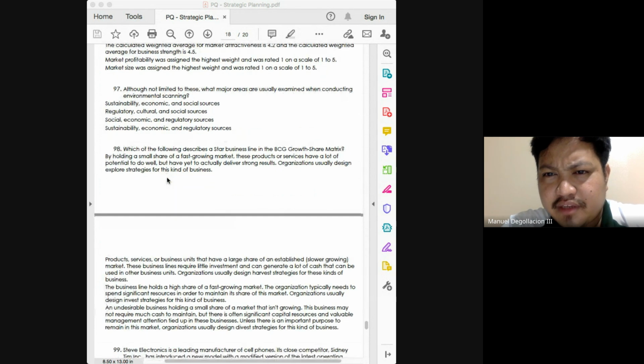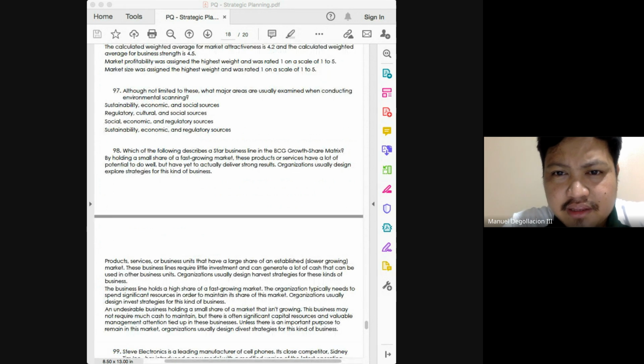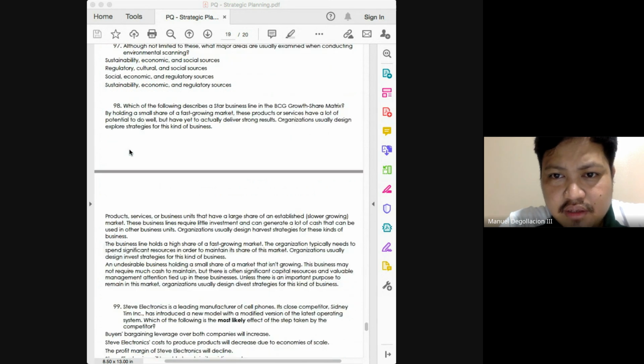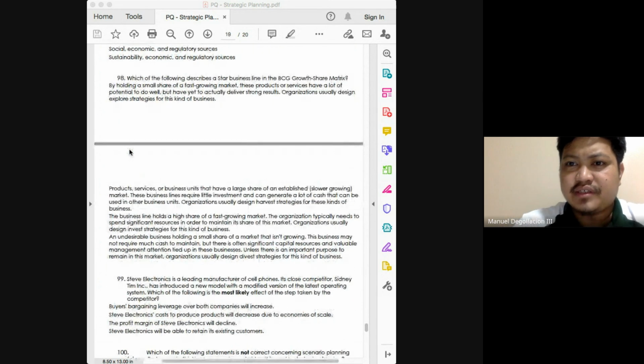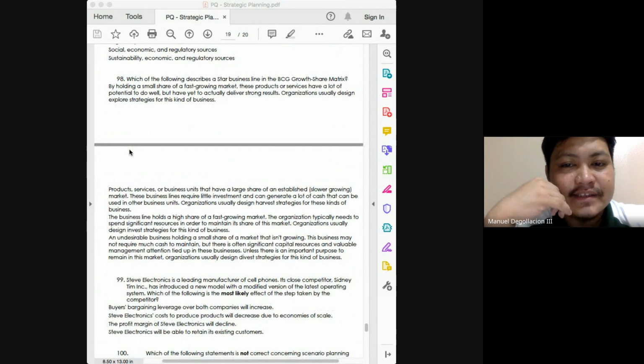97, although not limited to this, what major areas are usually examined when conducting environmental scanning? Answer here would be the fourth choice, sustainability, economic, and regulatory sources. 98, which of the following describes a star business line in the BCG growth share matrix?